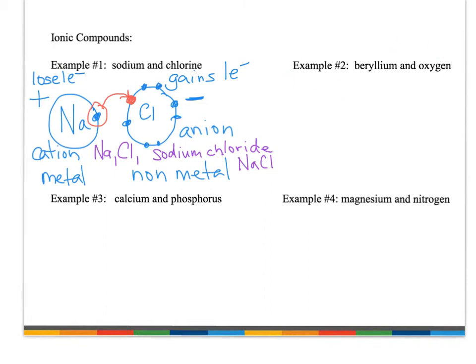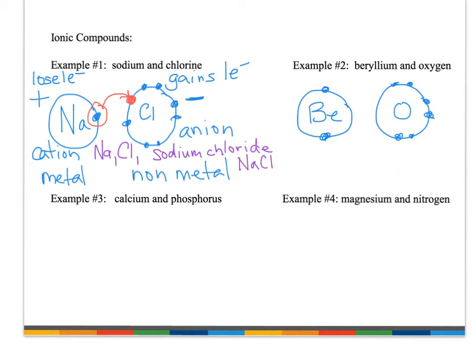Example 2 has beryllium and oxygen. So I'm going to go ahead and show the valence electrons for each of these elements. So beryllium has 2 valence electrons and oxygen has 6 valence electrons in their outermost shell. Now, first of all, we have to look at these as beryllium is our metal and oxygen is our non-metal, and which one is going to give up its electrons and which one is going to gain its electrons.